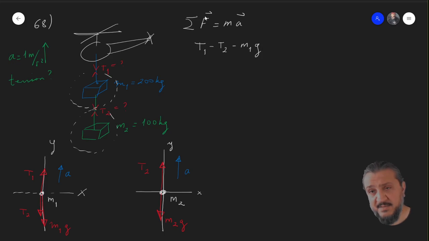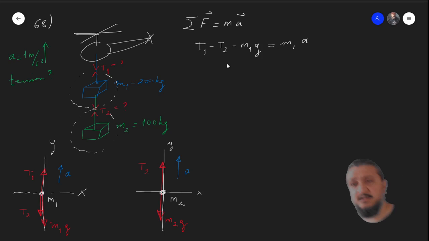That is the left-hand side of this equation, sigma F, the sum of the forces. Pay attention to the notation: I'm not using the arrows anymore because I'm working in terms of components. The y component of the net force doesn't need arrows. On the right-hand side I have M1 times A, where A is 1 meter per second squared. So that's the equation I get from the first free body diagram.